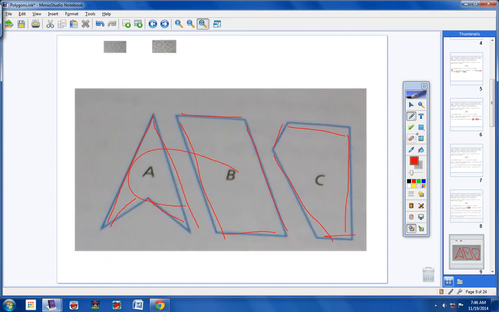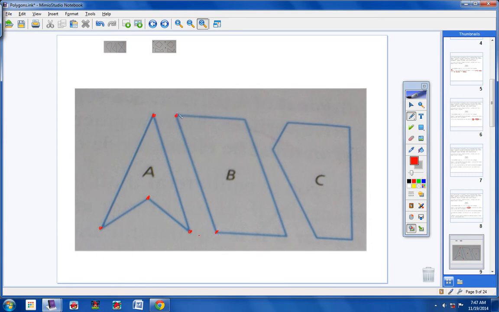Notice that all of the sides here intersect at endpoints. In other words, you don't have an object like this. That would not be a polygon because look, you have sides intersecting right here, and that's not an endpoint. That's right in the middle of a segment, okay? So anyways, all of the sides intersect at endpoints. Okay, do you see that okay?